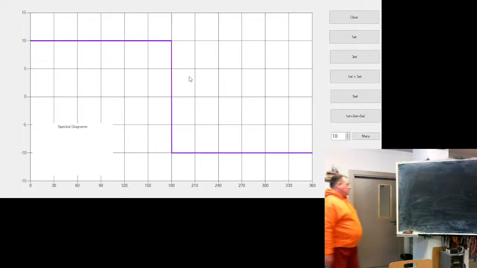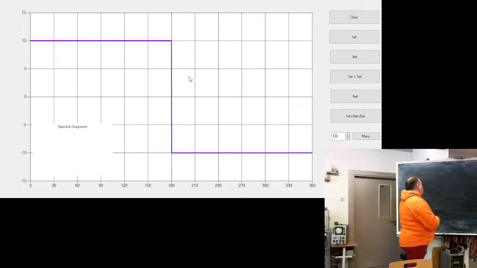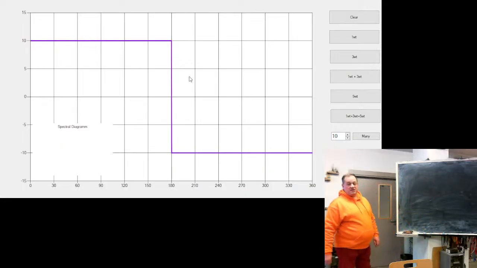I remember I showed an example of Fourier decomposition for a rectangular signal.